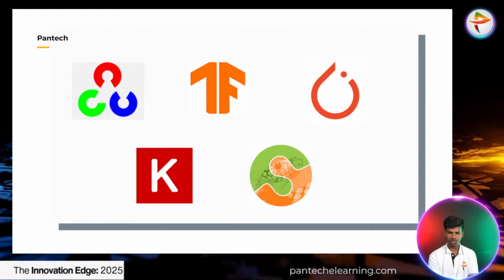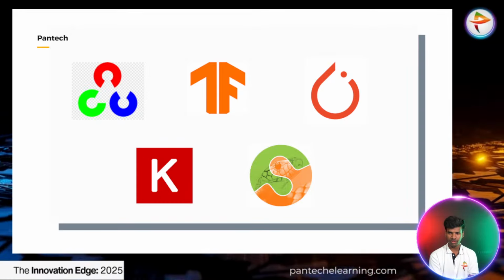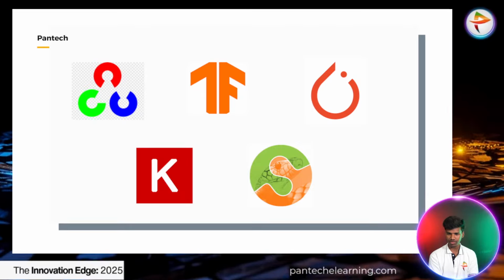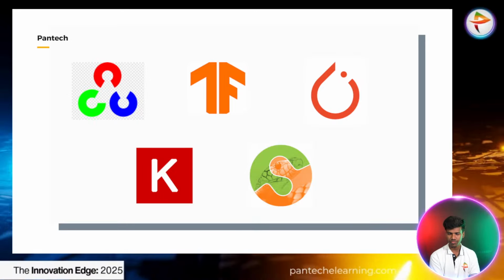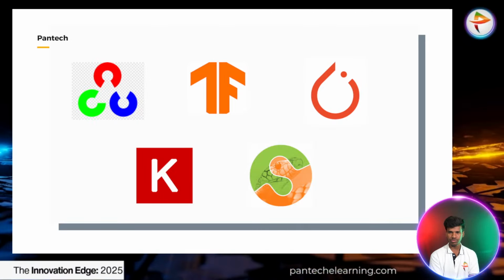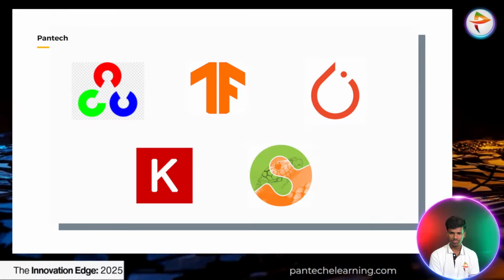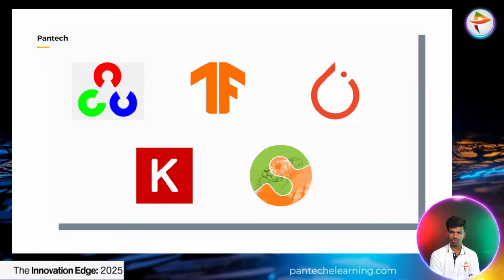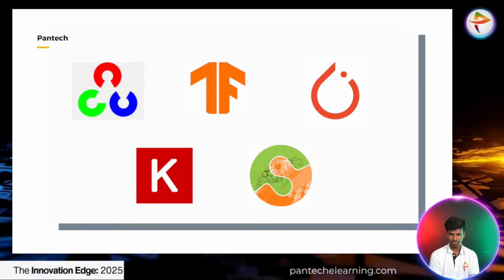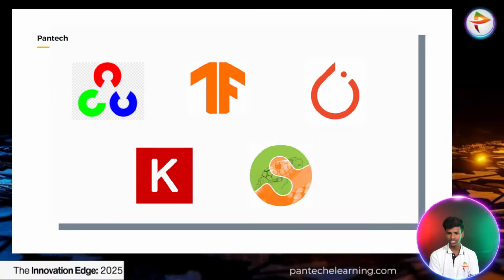The first one is OpenCV, right? Second one is TensorFlow. Third one is Keras. Keras is the fourth one. Yeah, fourth one. What is the name of the third one?